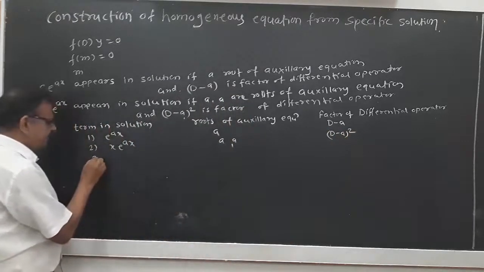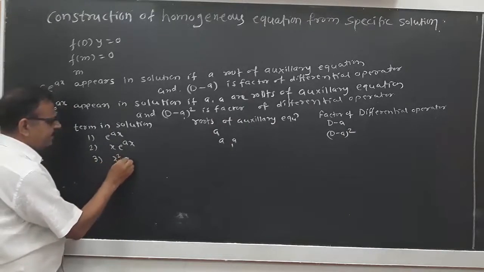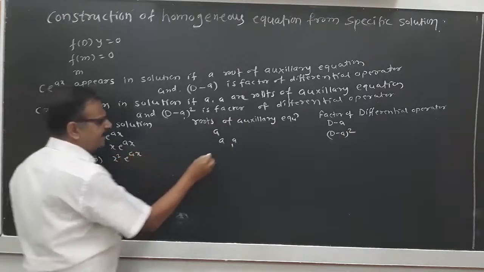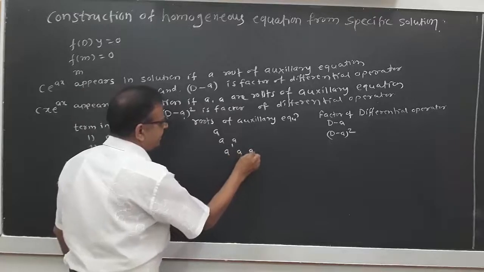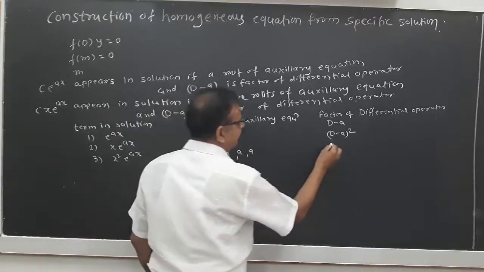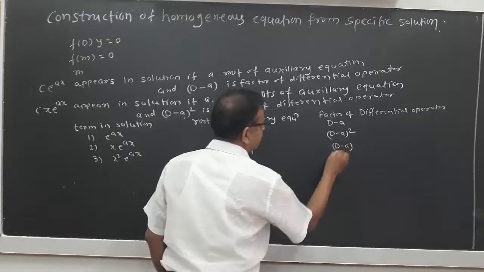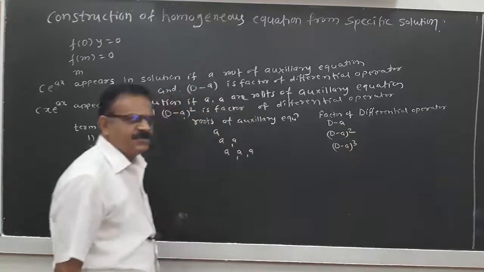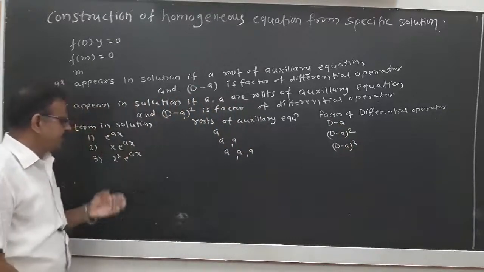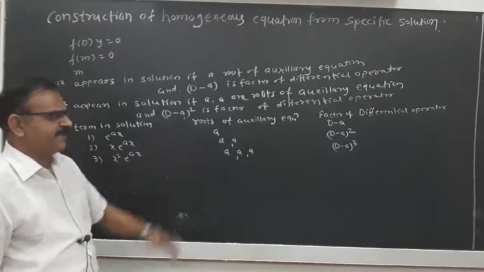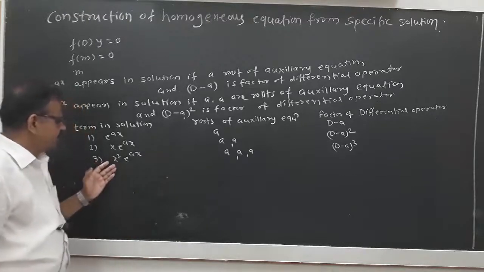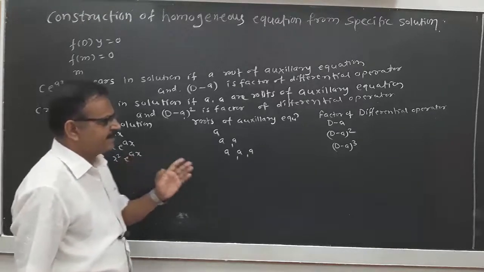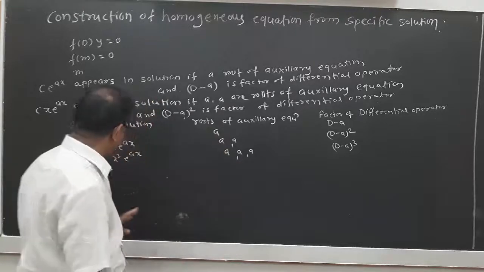Similarly, for x squared e raised to ax, a is a root repeated thrice and (D minus a) cubed is a factor. In similar fashion, x cubed e raised to ax gives (D minus a) raised to 4, x raised to n minus 1 e raised to ax gives (D minus a) raised to n, and so on.